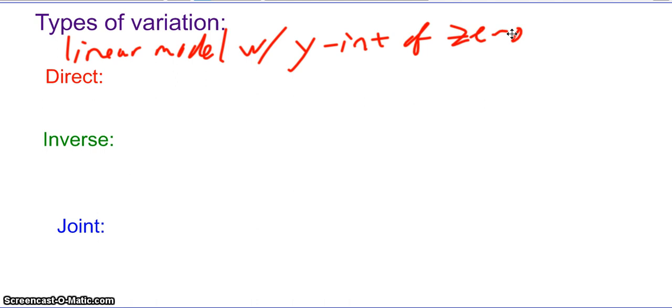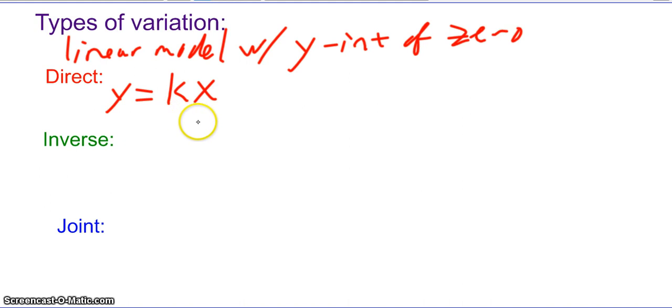And the generic equation is y equals kx. So we can see that's our linear model. Instead of m for the slope, we're using k. We'll talk about k in a minute.